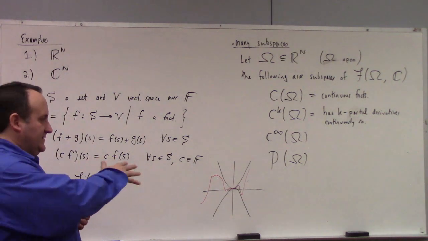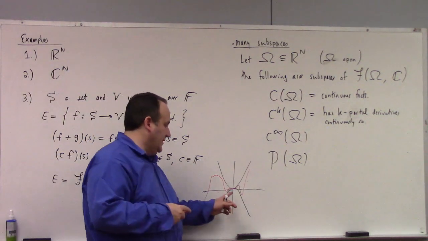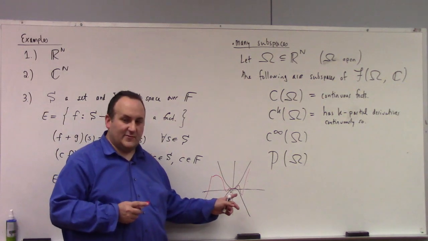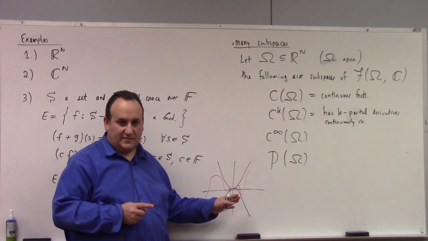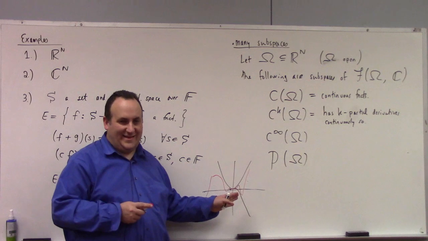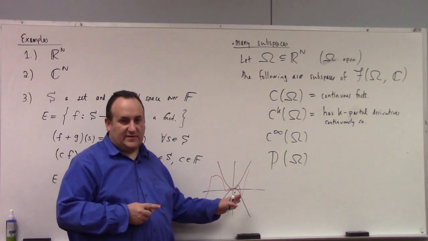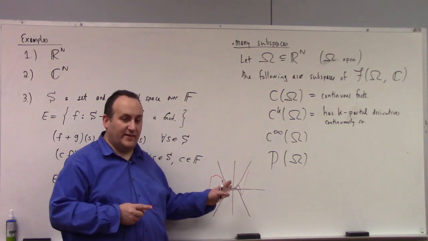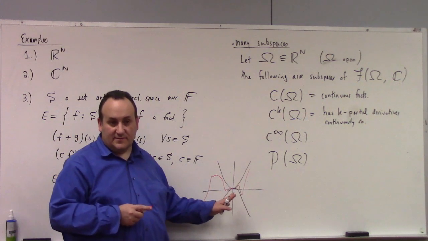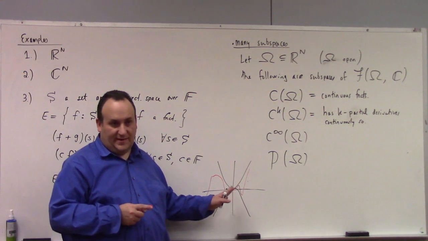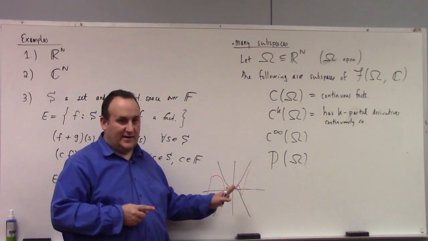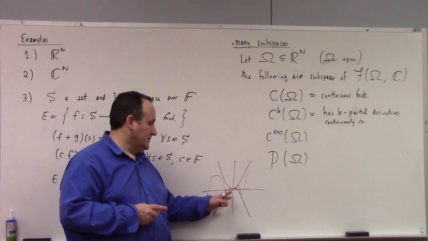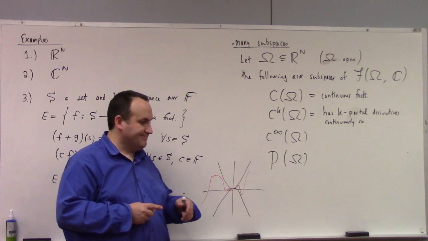You can concoct such a function so that its derivative will exist at 0 because it gets pinched down to existing, right? And yet the derivative is discontinuous at 0. So you can design such a function. It's everywhere differentiable, in fact, but that derivative is not continuous at 0.